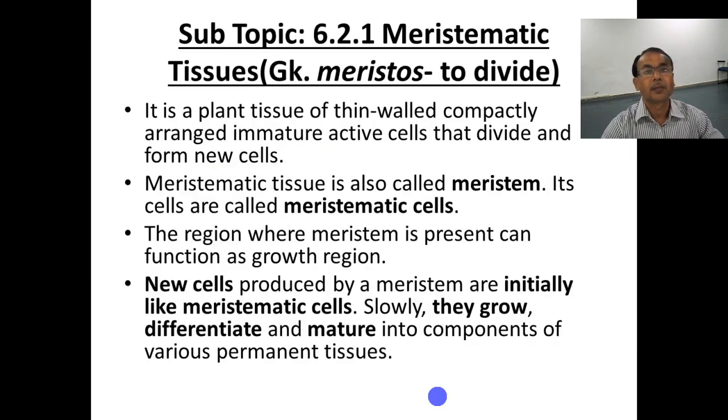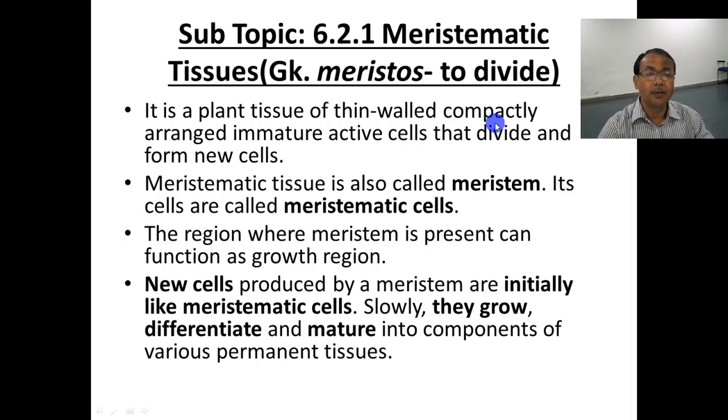meristematic tissues. So, meristematic tissues, it comes from the Greek word meristos, means to divide. Those tissues which have got the capability of division are called meristematic tissues. Coming back to the meristematic tissues, point number 1. It is a plant tissue of thin wall, compactly arranged, immature active cells.